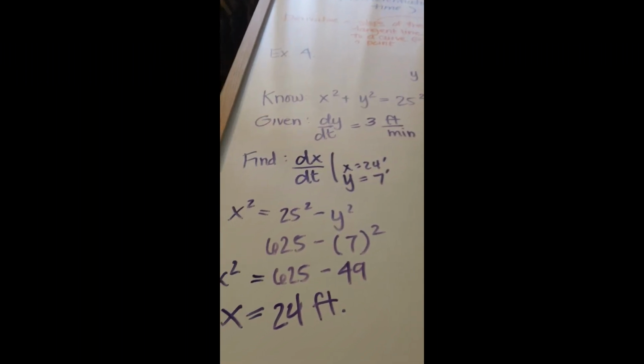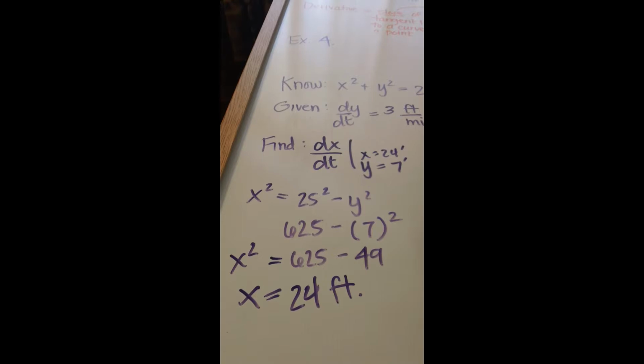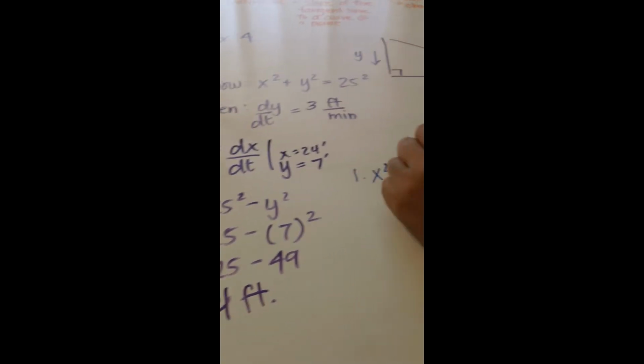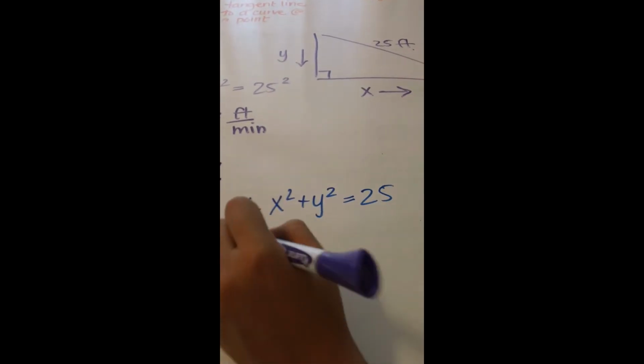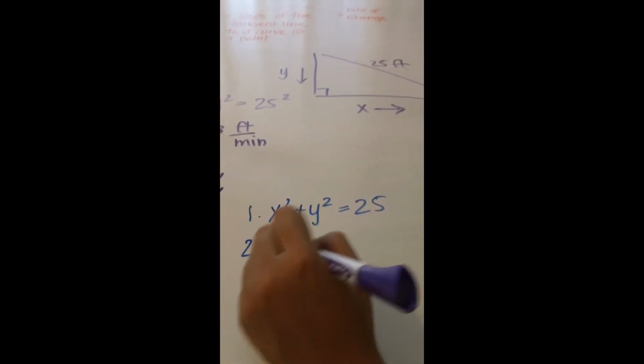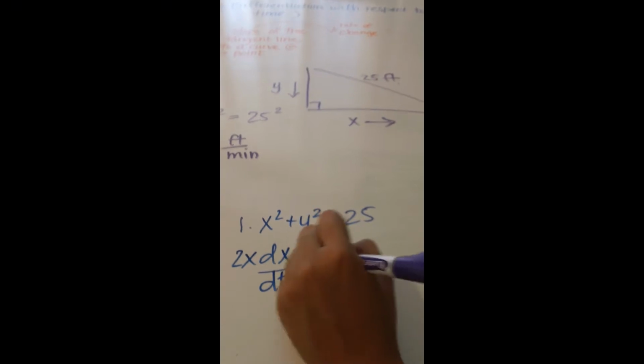And then we follow the same procedure that we've done before. We take our known equation and take the derivative of both sides with respect to time.